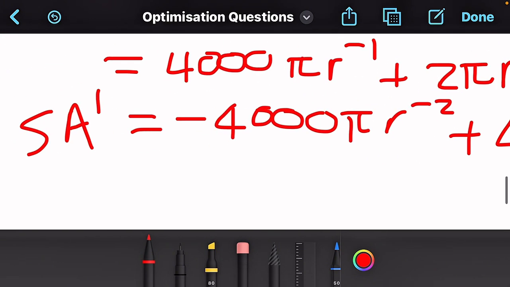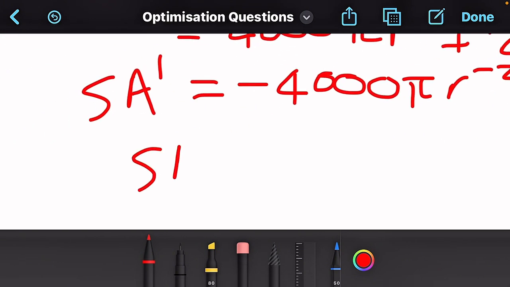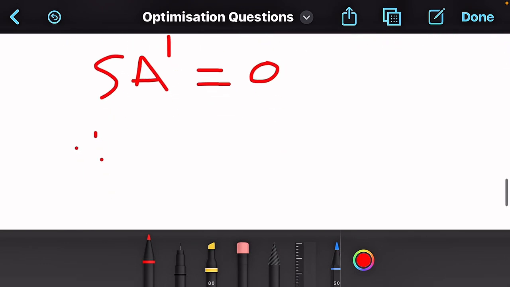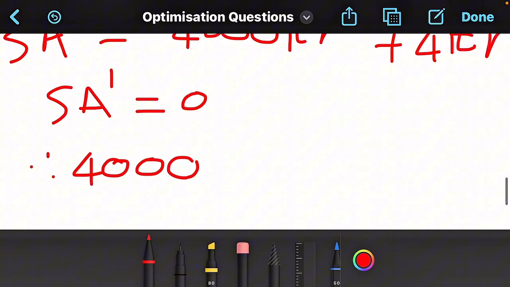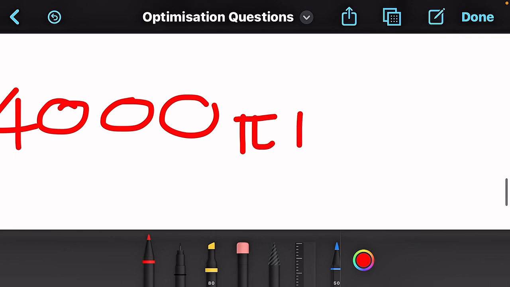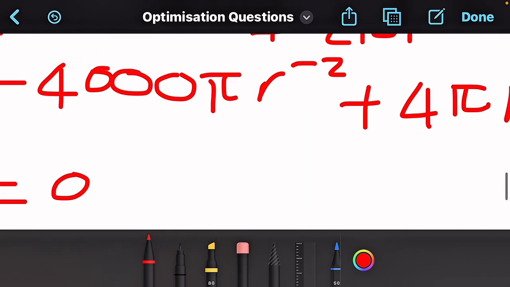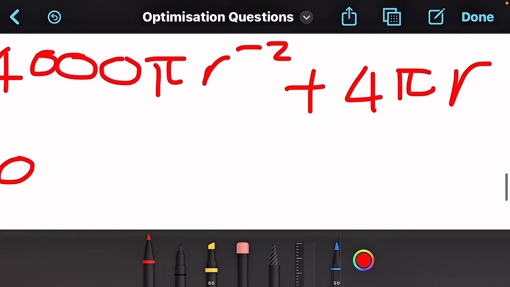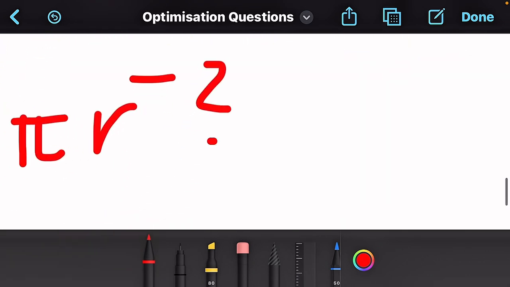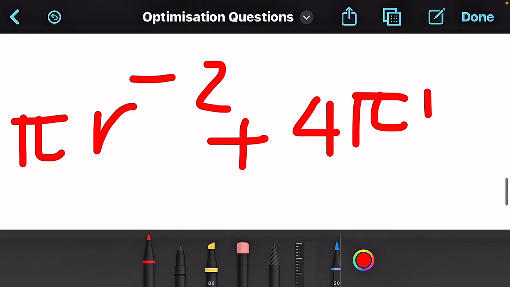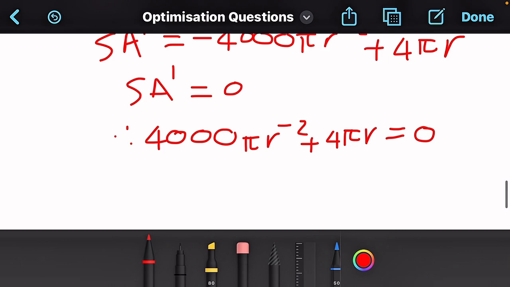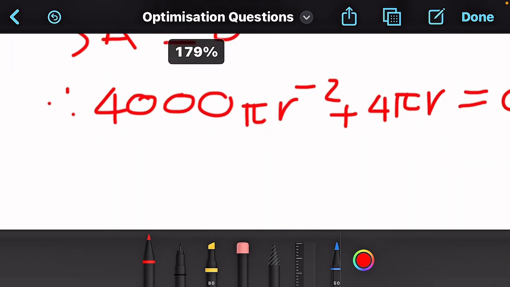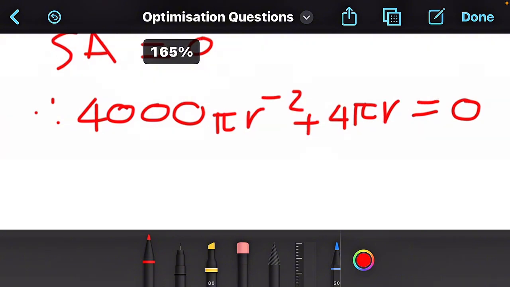And we know that for a minimum, the first derivative is equal to 0. Therefore, negative 4,000 pi r to the power of negative 2 plus 4 pi r is equal to 0. Now that we found the first derivative, we can bring this r squared back to the denominator.